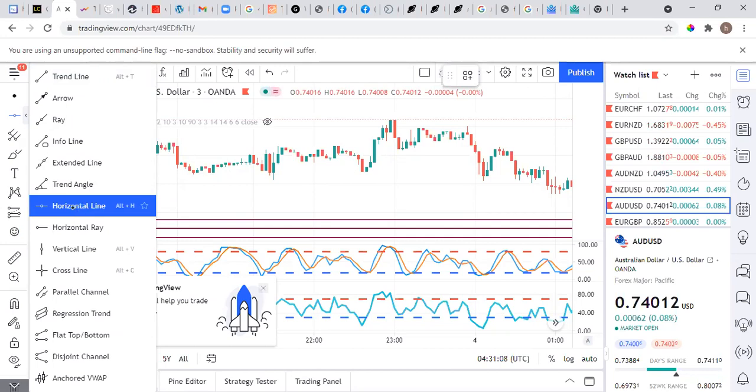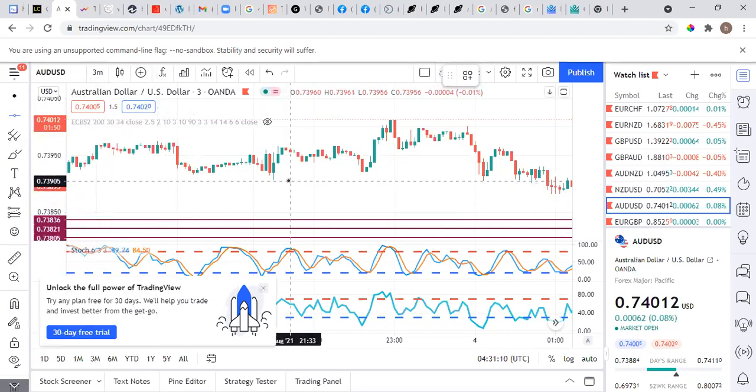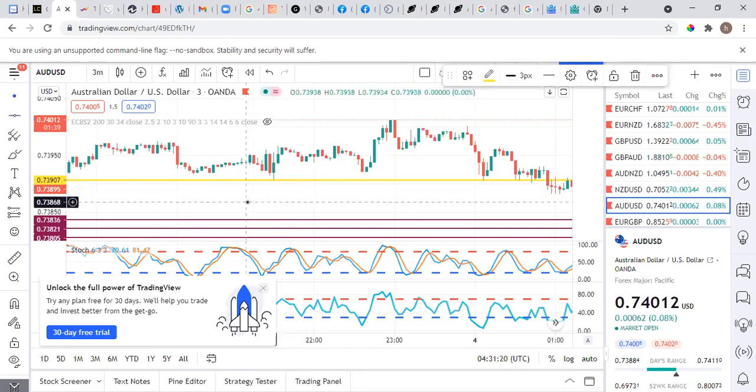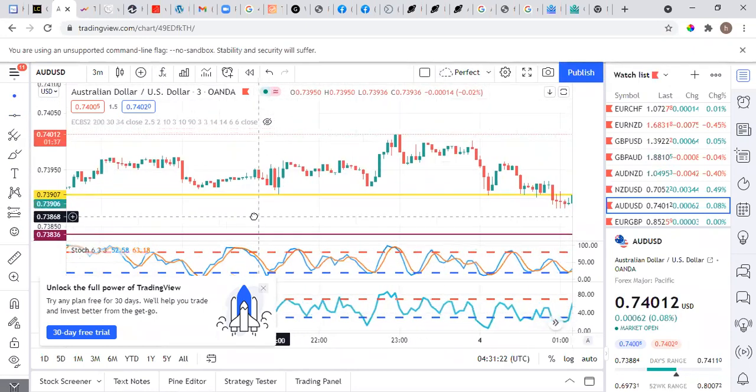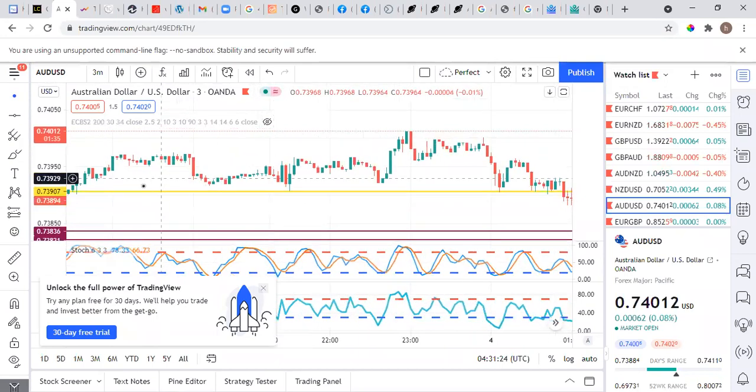So I'm going to click horizontal line, and I'm going to look at where these candles have been touching, the lines these candles have been touching before it goes back up. Okay, so I can pick this area. This is a good support line. Can you see that yellow line? Because if you notice at this area, whenever the candle reaches or almost touches the line here, it bounced back.